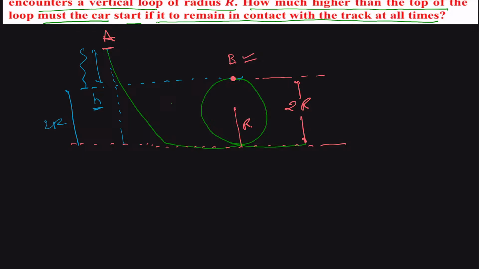So we are going to consider this point B, and we can draw it separately also. So this is our point B, and this is the base. So the height of point B is 2r. At this point B we have a normal in the downward direction as well as our mg also in the downward direction. So this is the most critical point, that is our B.